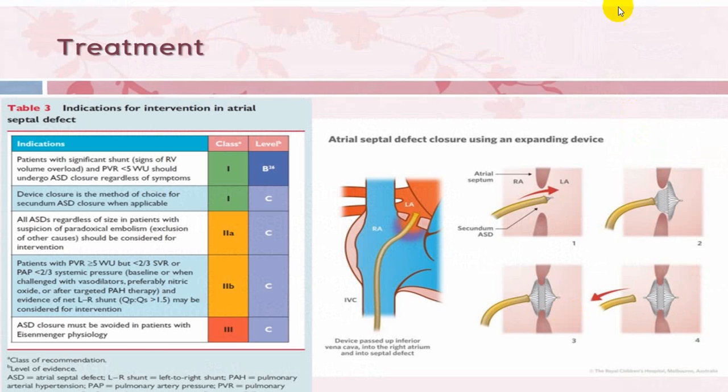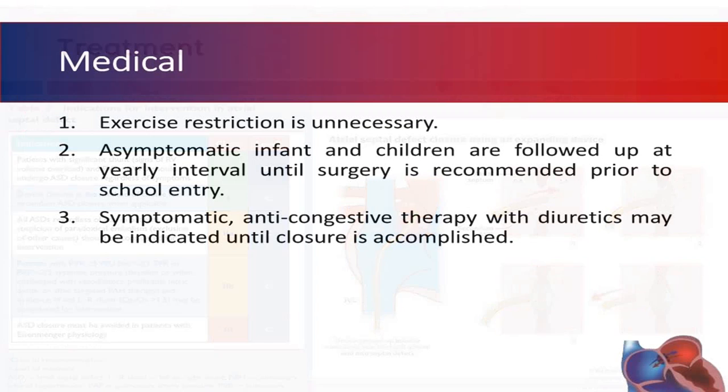So in a catheter closure, you introduce the catheter into RA, from RA into LA. The two plates will open up, one plate on the left side of the septum and another plate on the right side of the septum, and it will close the foramen ovale. The most common defect is septum secundum defects.